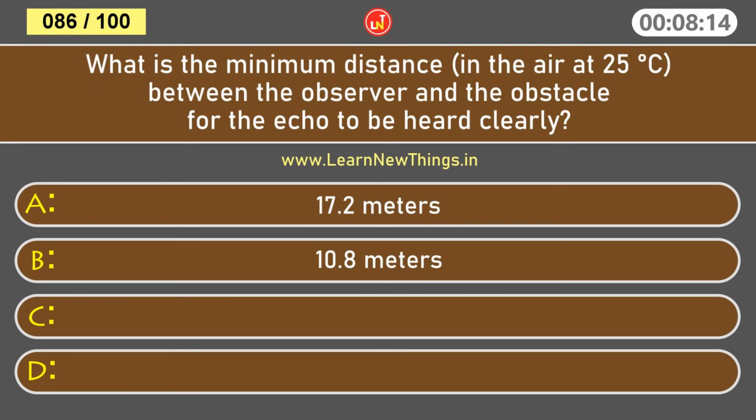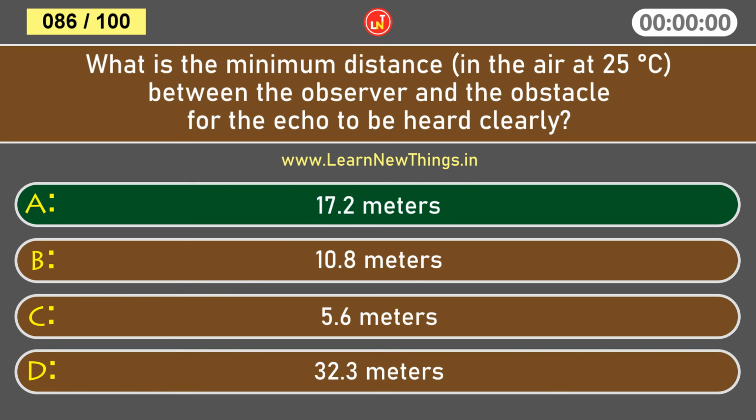What is the minimum distance in the air at 25 degrees Celsius between the observer and the obstacle for the echo to be heard clearly? 17.2 meters.